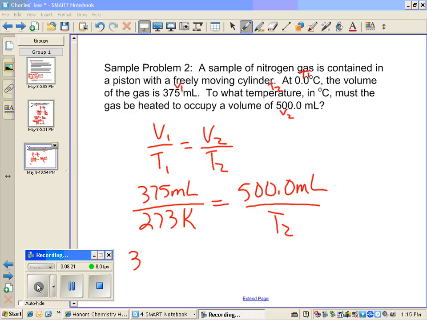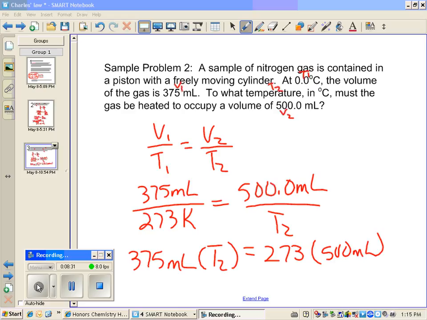So I'm going to say 375 times T2 equals 273 times 500. If you solve for T2, you get, was it 364? 364 Kelvin.